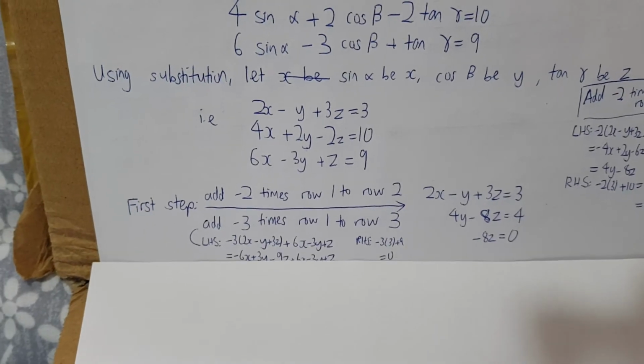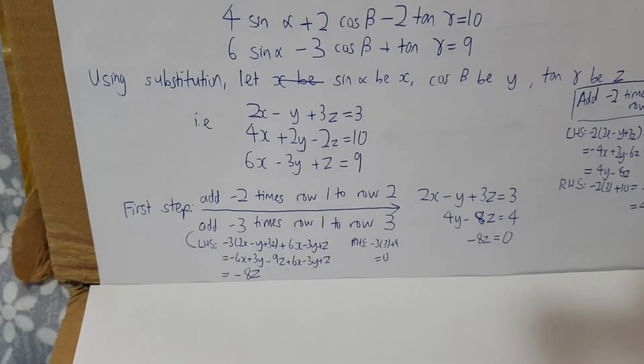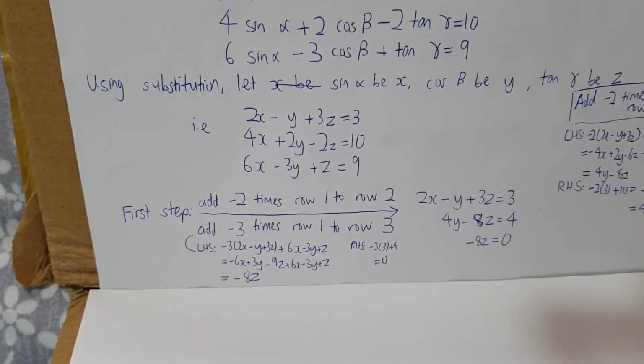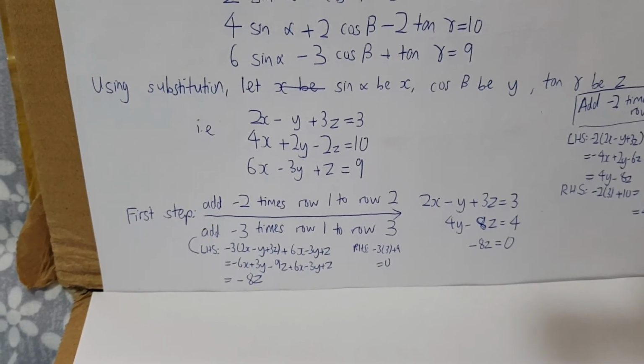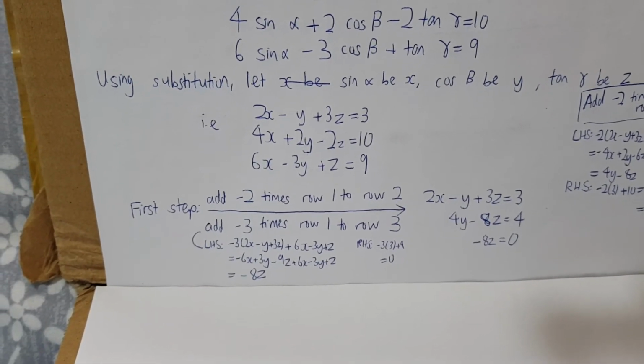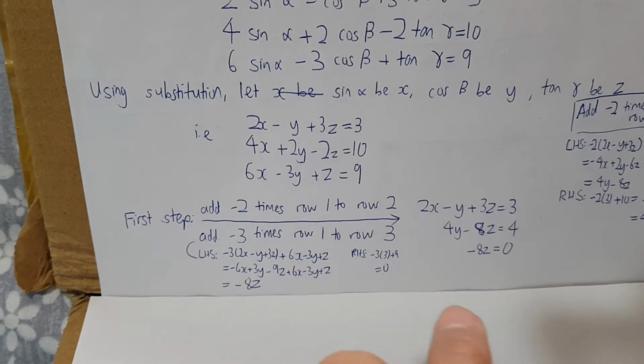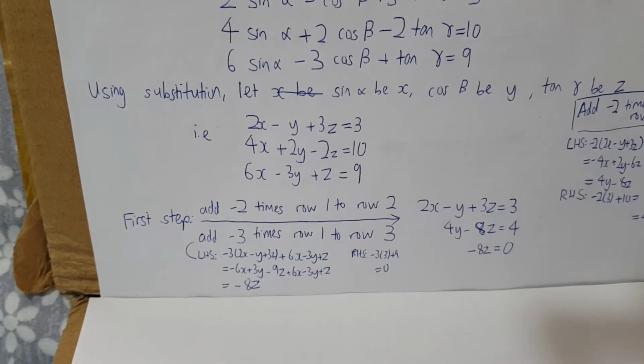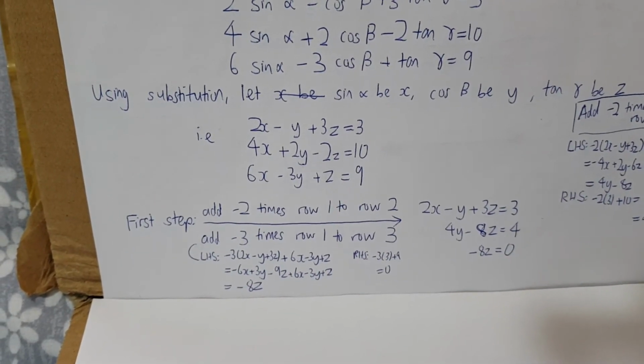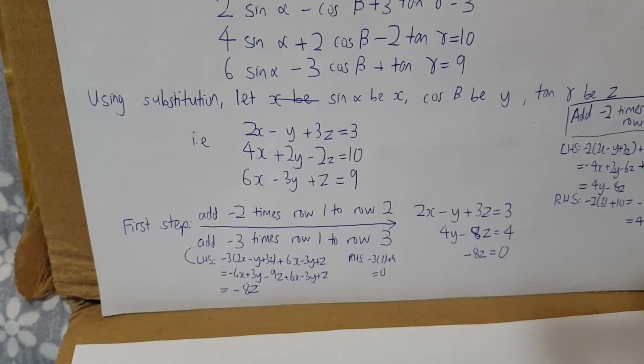For adding minus 3 times row 1 to row 3, the left hand side goes as this and the right hand side will go as this. Hence this will be our equation in the end, and now we can solve the equation.